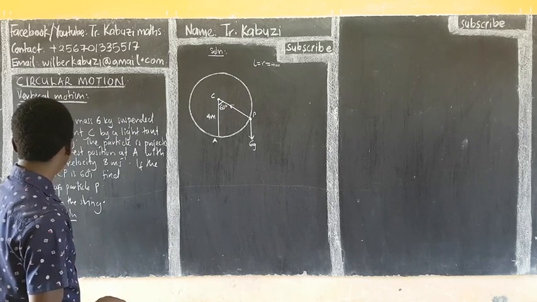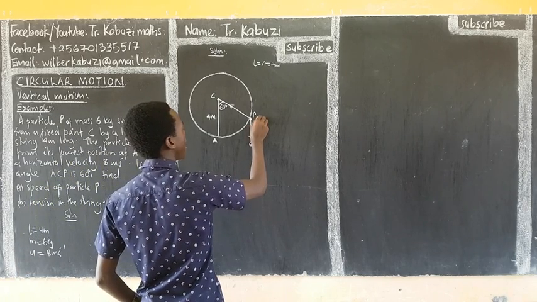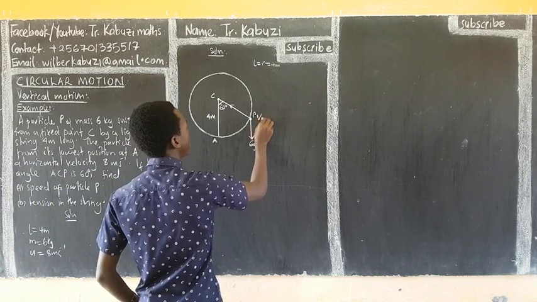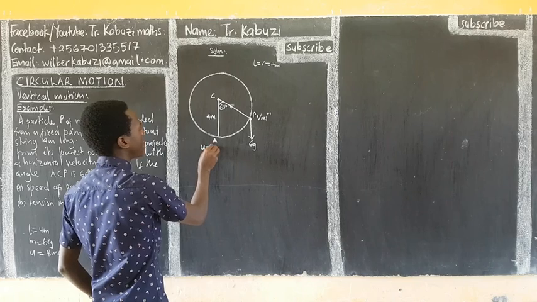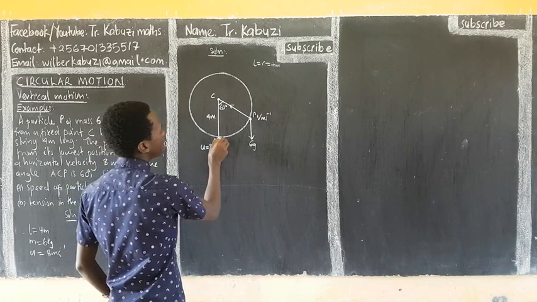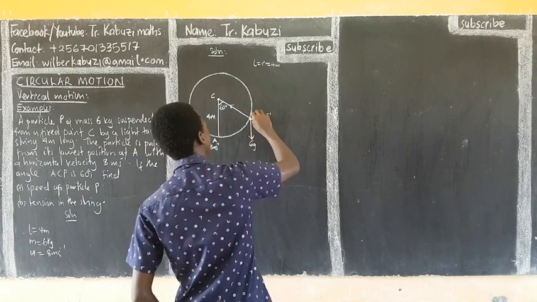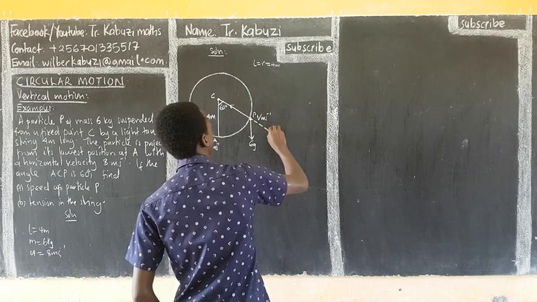Now, they want me to get the velocity here. So the velocity here is going to be V meters per second, and the velocity here is U meters per second, which they gave us as 8 meters per second. So that's this projection. So what we do first, we resolve this force, this weight here.